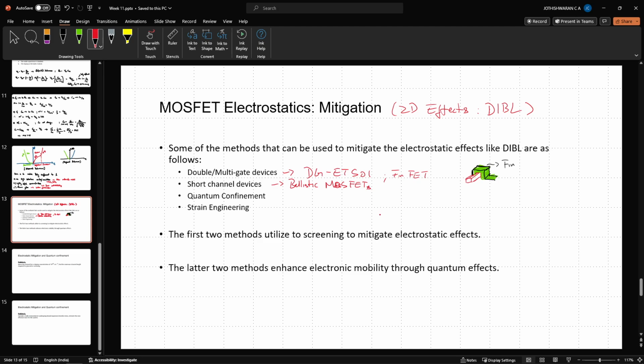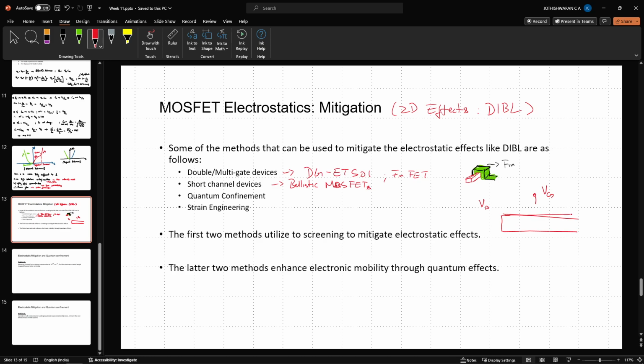Now what happens if I have a shorter channel? Typically when I have a channel, and I have Vg from up here and Vd from over here, the electric field will look something like this.